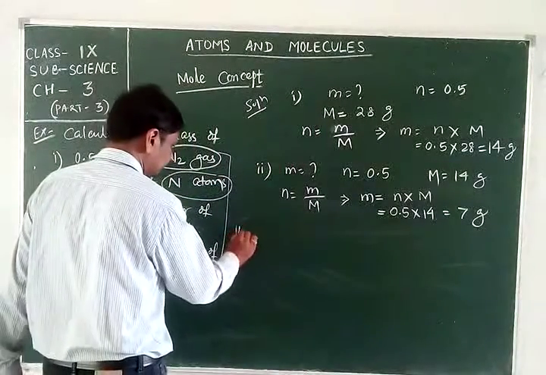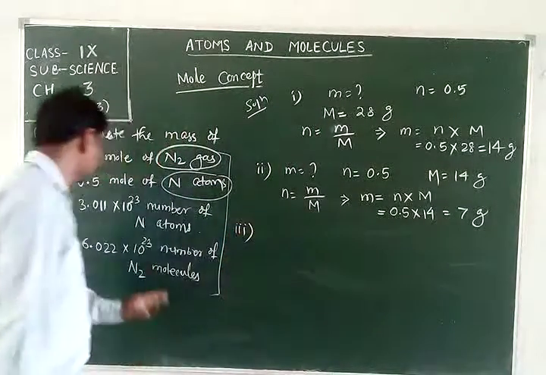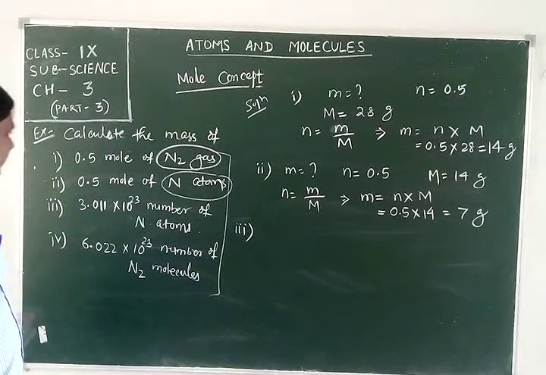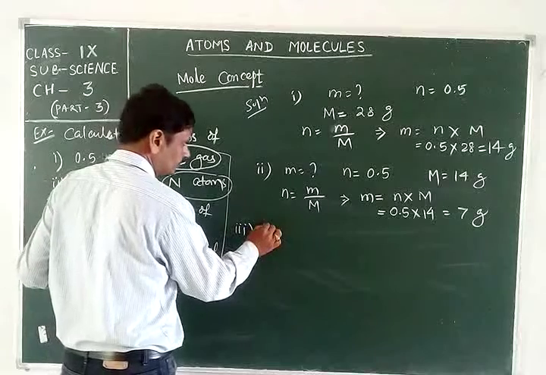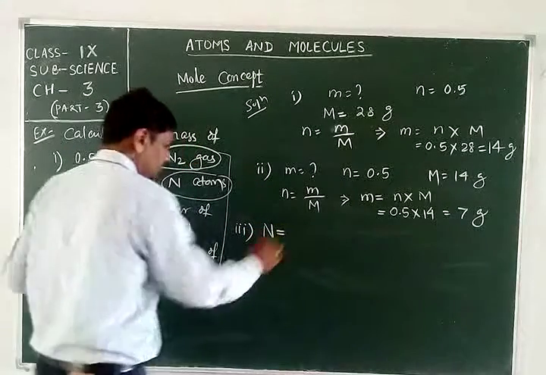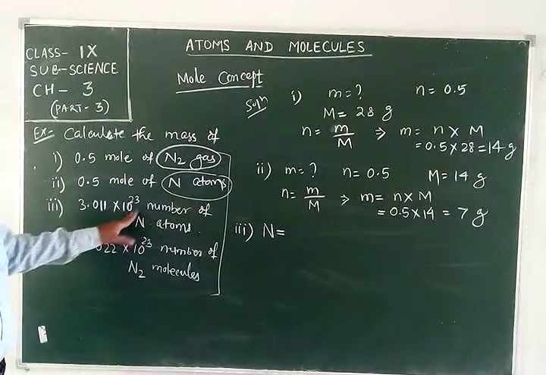Now the third bit. It is given the number of nitrogen atoms, 3.011 into 10 to the power 23.